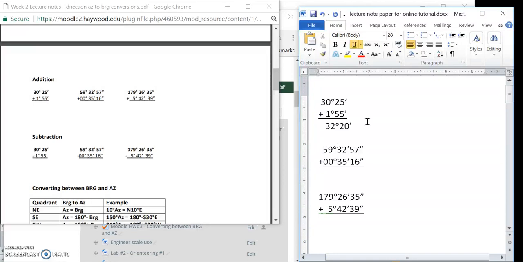If I do it with adding seconds now, I wish there was an easier way of doing this than typing it like this, but that's the way it goes, right? So 7 plus 6 is 13.